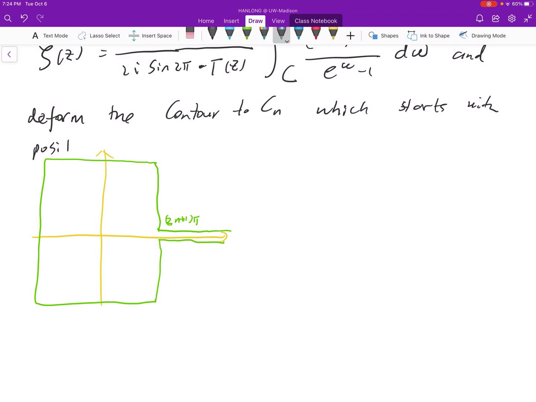Of course, you still have the cut here along the positive direction. So those coordinates are 1 plus i, 2n plus 1 pi; 1 minus i, 2n plus 1 pi; negative 1 minus i, 2n plus 1 pi; negative 1 plus i, 2n plus 1 pi.